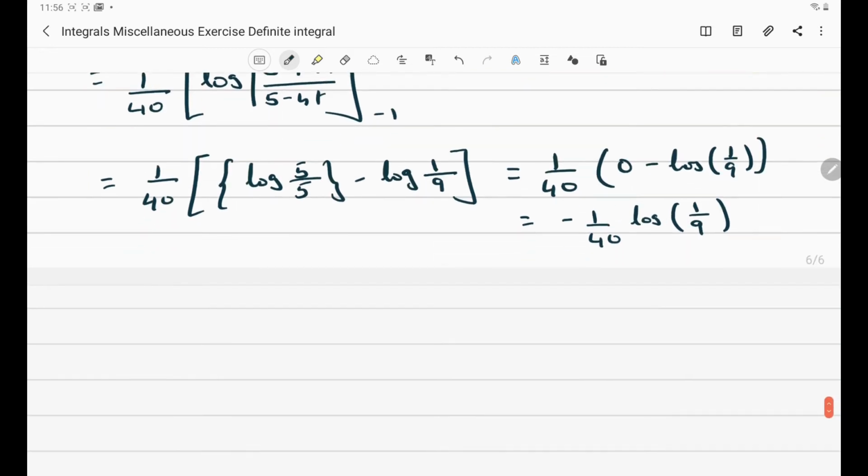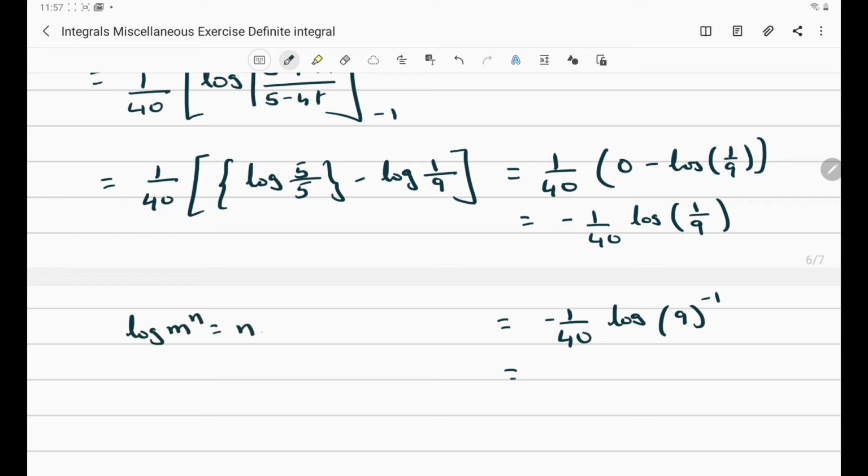So if I want to write this further in simplified form, we can write minus 1 by 40 log of 1 by 9, which can be written as 9 to the power of minus 1. We can use the property: n log m is equal to log m to the power of n.